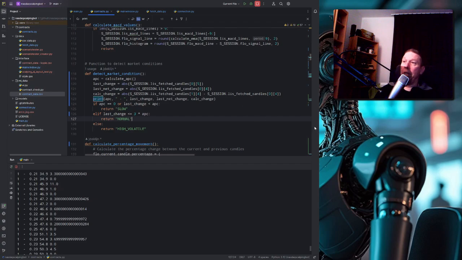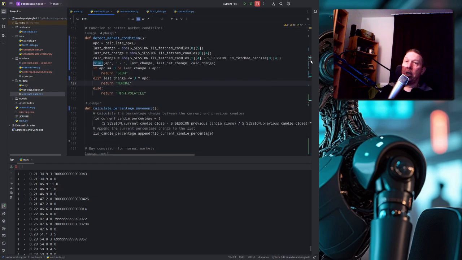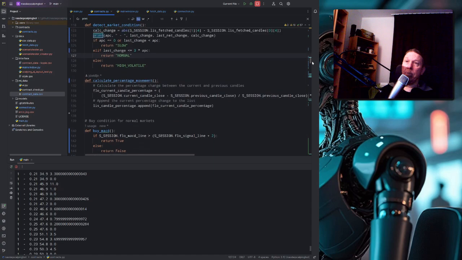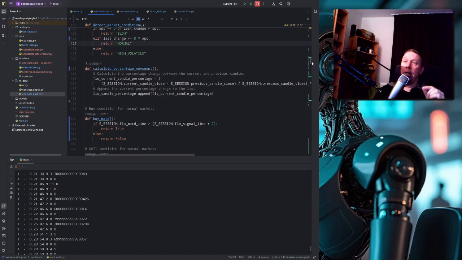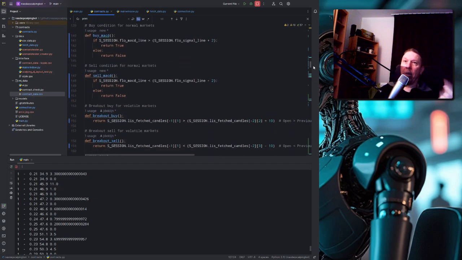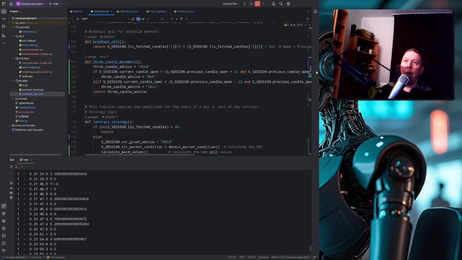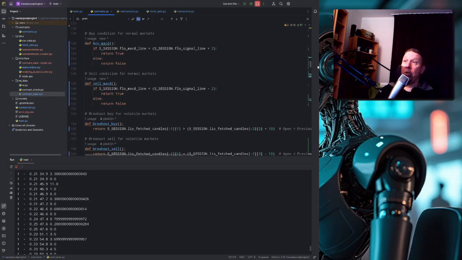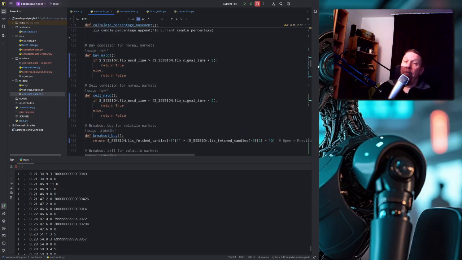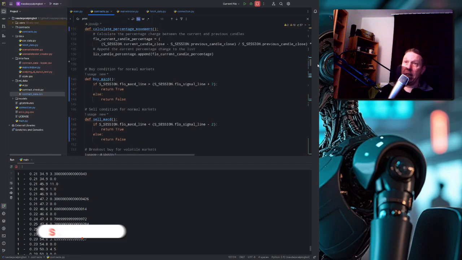First of all, I deleted the function to calculate the percentage movement per candle as an extra threshold to make a buy or a sell. I deleted this function. It had no use. There's no extra value, so I deleted this.